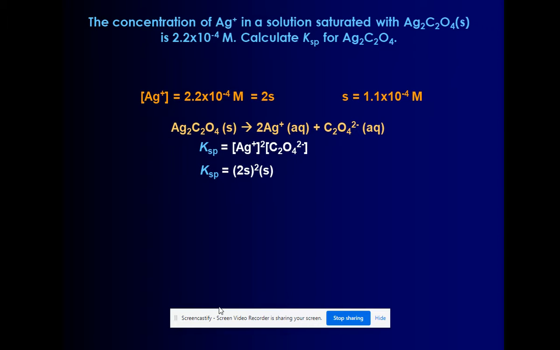So S would just be the 1.1 times 10 to the negative fourth. If I know the value of S and I know my Ksp expression in terms of S, I should be able to solve for Ksp by substituting that value in place of S. And when I do that math-wise, I get that the Ksp for this particular solid is very small, 5.3 times 10 to the negative 12th.